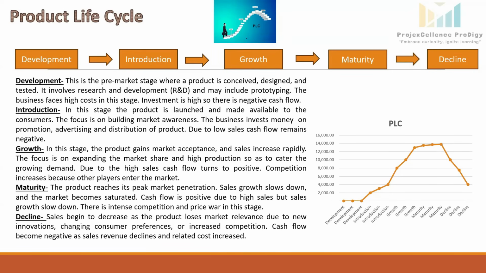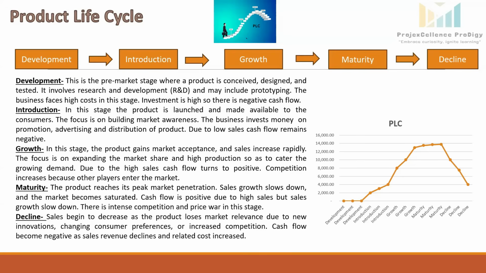Growth: in this stage, the product gains market acceptance and sales increase rapidly. The mobile phone gains popularity among consumers and sales increase. The focus is on expanding the market share and high production so as to cater to the growing demand.